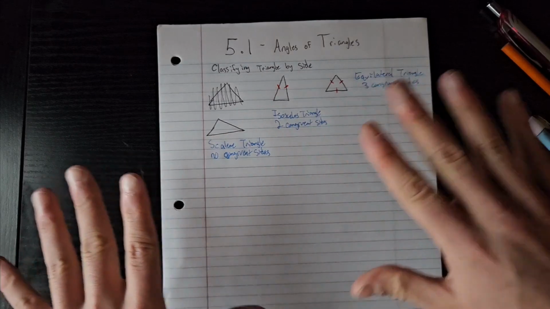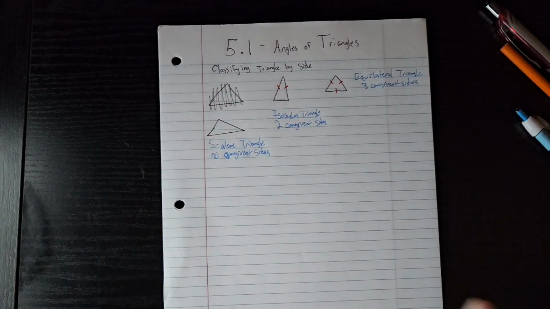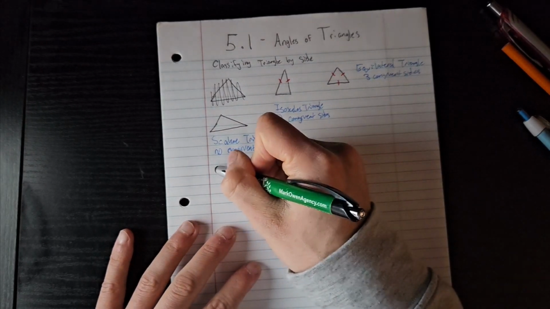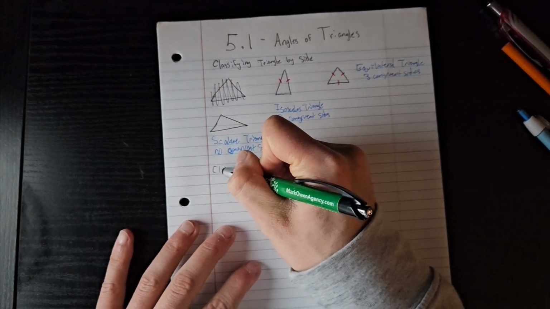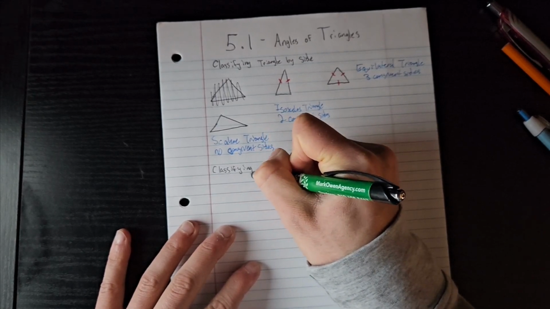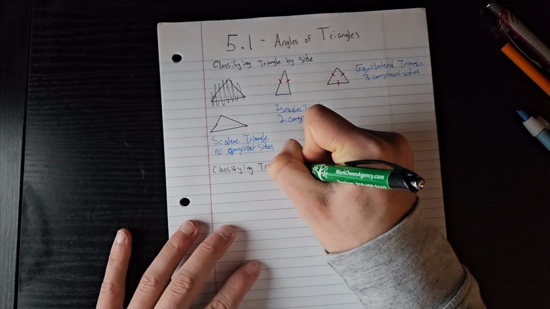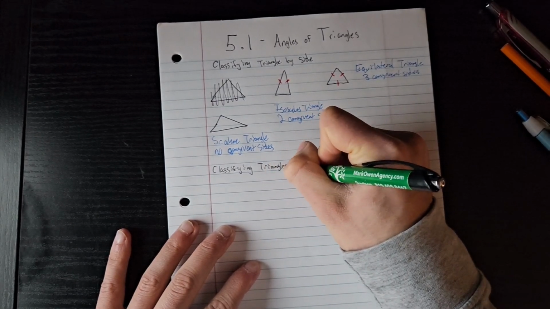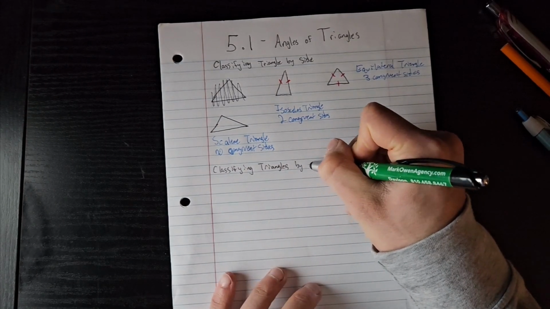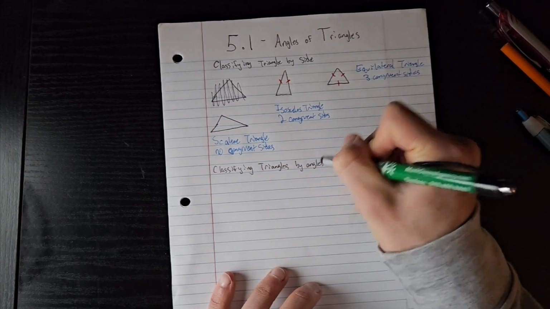Now, there's other classifications you can make about triangles, and that dives in more with the angles that are inside of these triangles. So there are 4 classifications that we can make with triangles by their angles. So we're going to state all those now. So classifying triangles by angles is the next section.